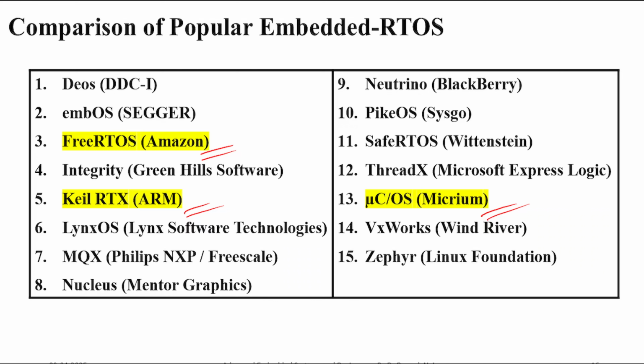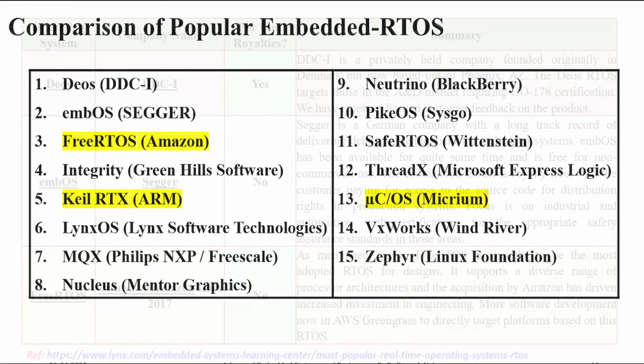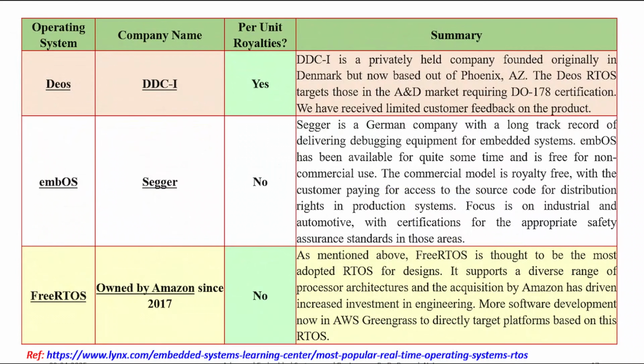The RTOS which are with a yellow background are free in cost, and we can use them for free. In our course, we'll be focusing more on the free RTOS.